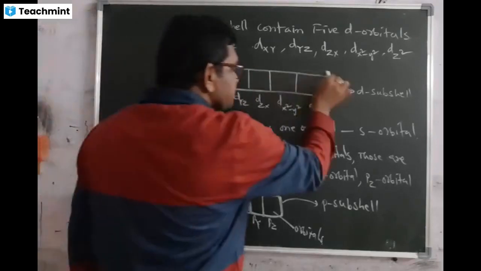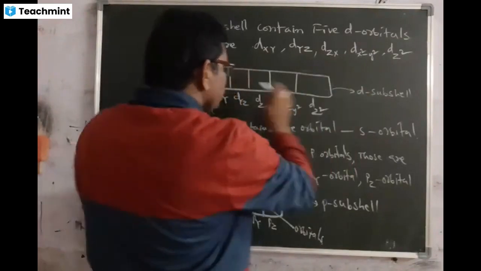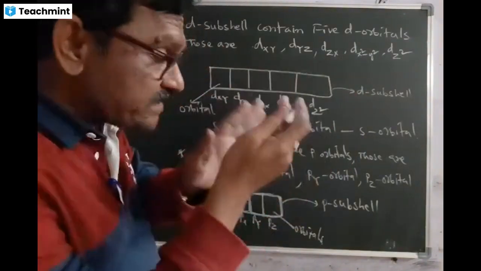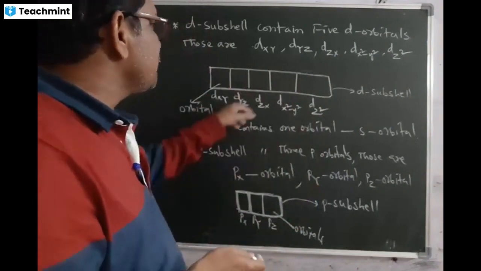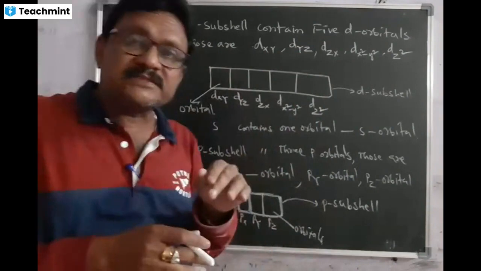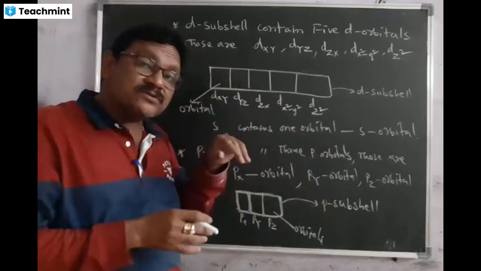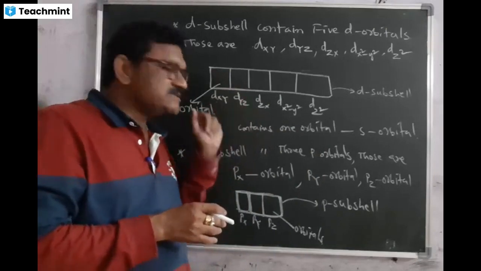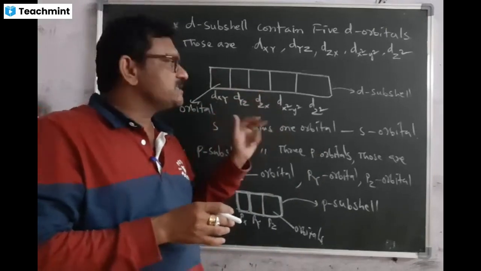Each small box is called an orbital, and the total box is called the subcell. D subcell contains 5 orbitals.